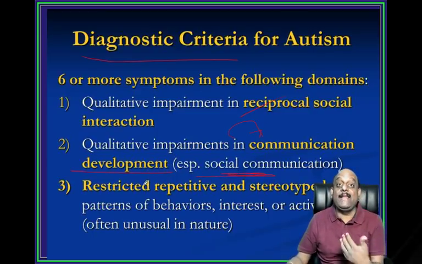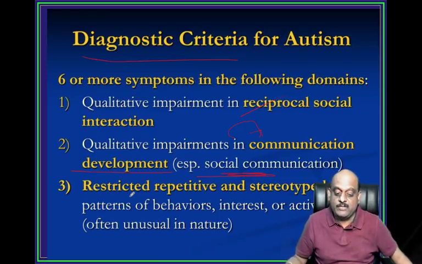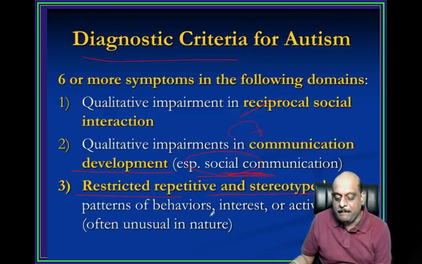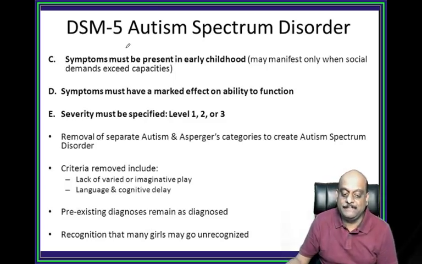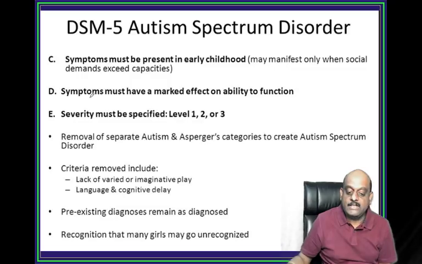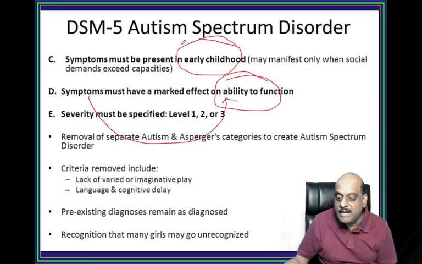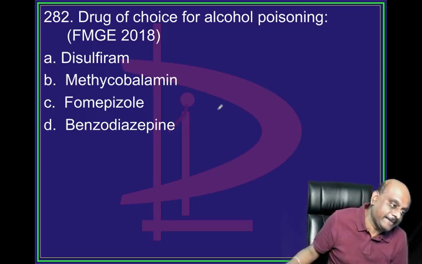But our live online is better than the real physical face-to-face, because social communication बहुत होता. Restricted, repetitive, stereotyped pattern of behavior, that defines the autism. The symptoms must have an effect on the ability to function. They should start in early childhood. They are all the important DSM-5 criteria.